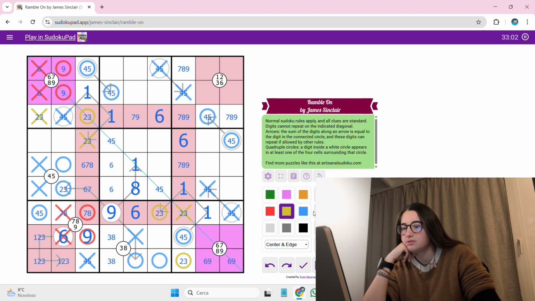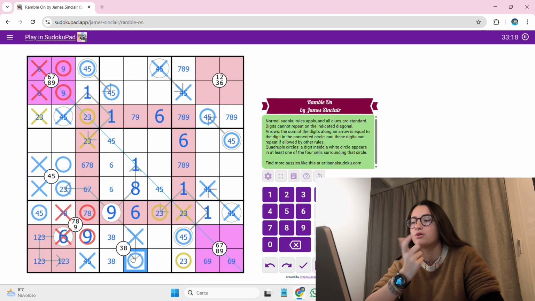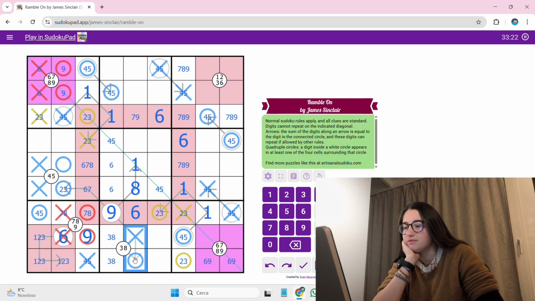So this is not going to be a cross. The cross must be here. And the circle is going to be here because whatever it is, either 4 or 5, to sum up to 9, we need the other 4 or 5. So yeah, it's going to be 4 and 5 over here.